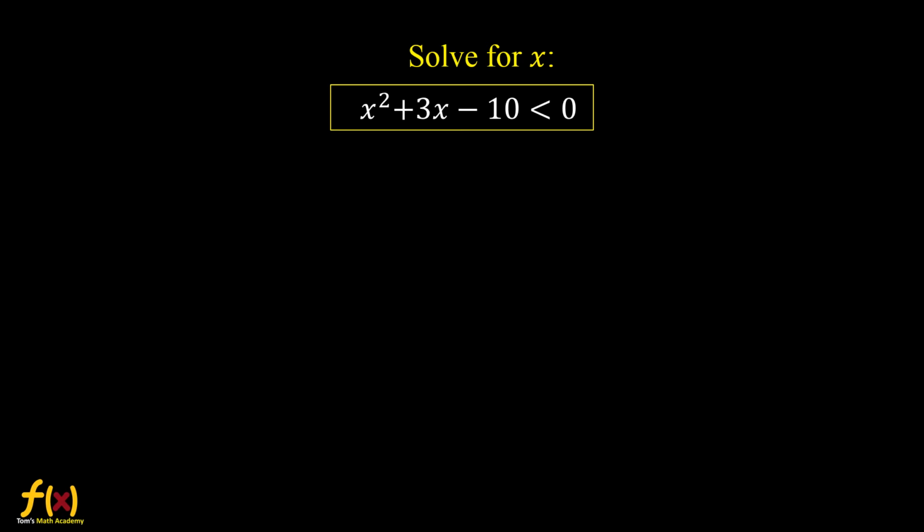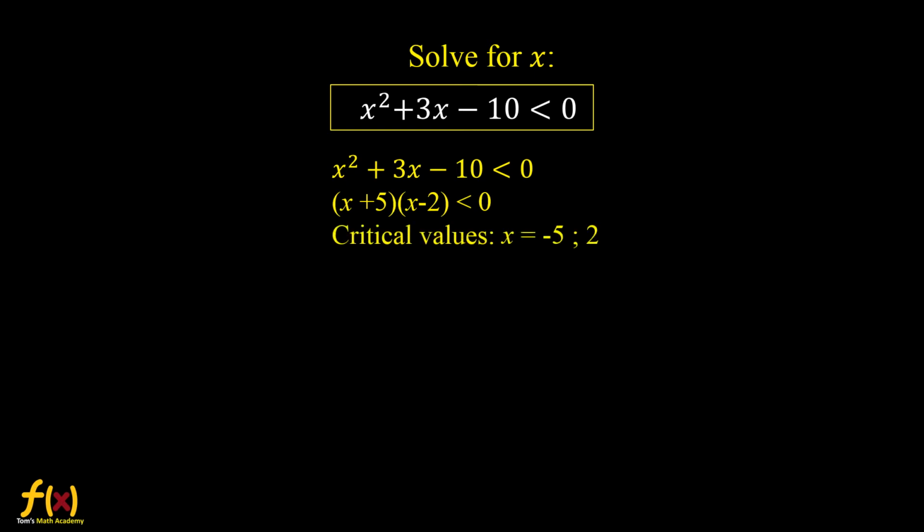We factorize very carefully and then we get the two values of x. They are called critical values. x equal to minus 5 or x equal to 2. These critical values are used to answer the inequality questions.